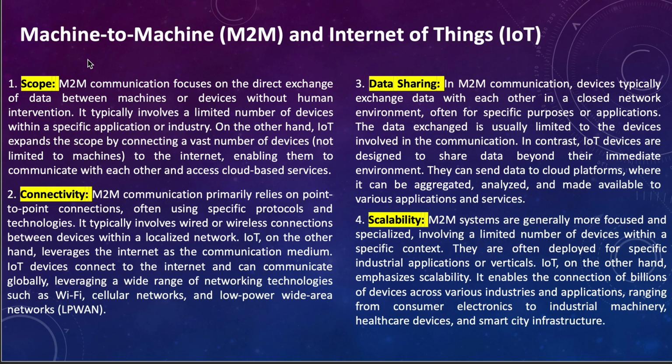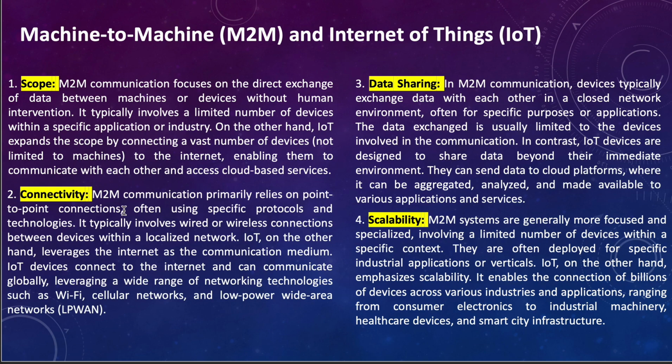So if you take connectivity, M2M communication primarily relies on point to point connections, right? That means if you take again the embedded system, an embedded IoT device, it would be one device.